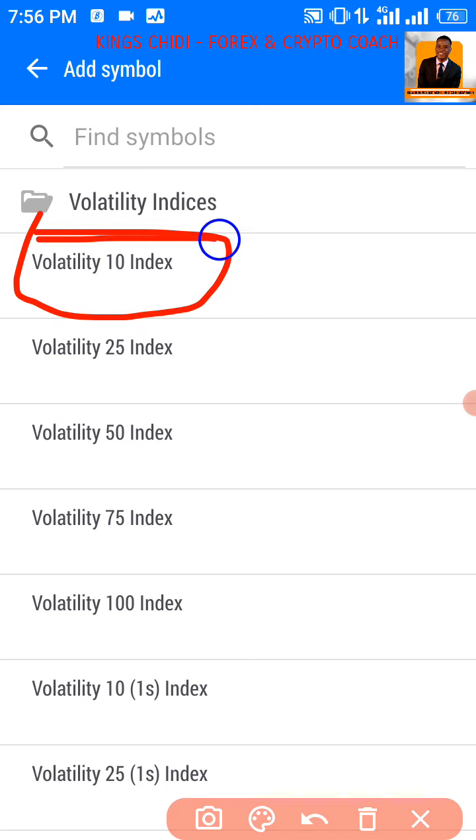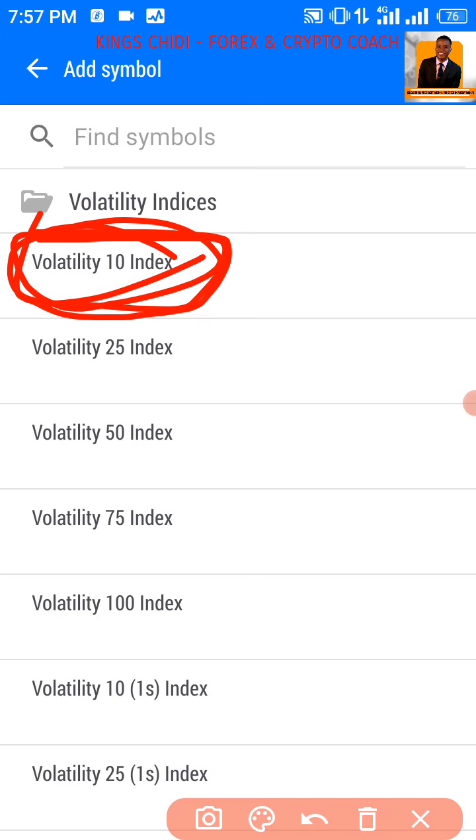Volatility 10 has less volatility. It's not that it doesn't move, but the profit or losses it generates according to the increase or decrease in pips or points is kind of low. So if you are trading with a $10 account or a $5 account, you can trade volatility 10.